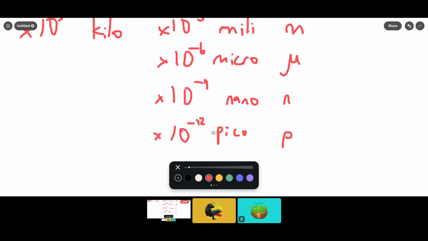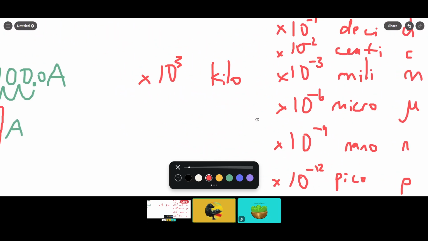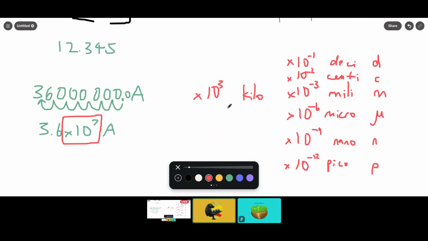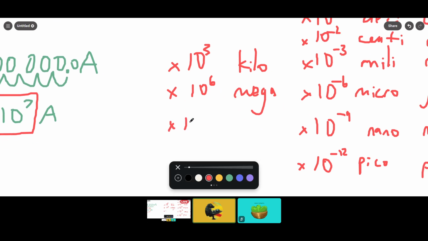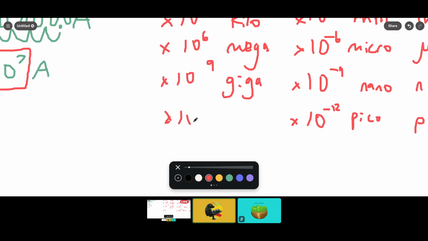Now for the larger ones. Kilo is times 10 to the power of 3. For times 10 to the power of 6, there is mega. Times 10 to the power of 9 is giga, and times 10 to the power of 12 is tera.